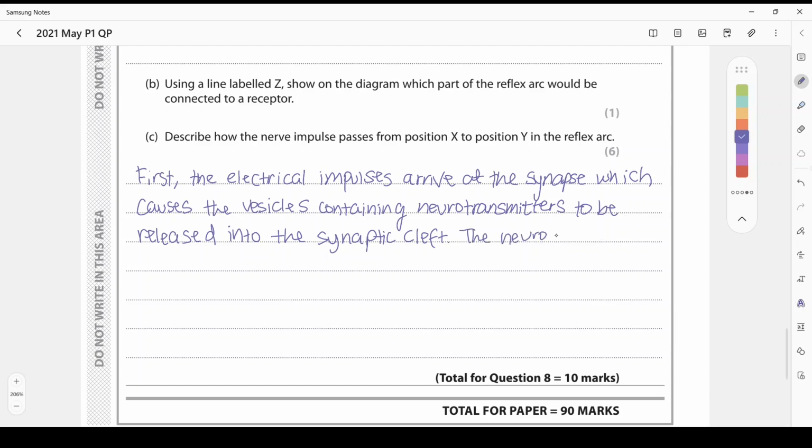The neurotransmitters, you can give an example of neurotransmitters like acetylcholine. That would actually give you a mark, but anyways, let's continue.